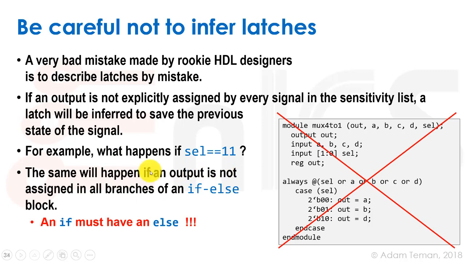The same will happen if an output is not assigned in all branches of an if-else block. For every left-hand side assignment, we must have both an if and an else to make sure that it's assigned in every single state of that if statement. If not, we need a latch to save the previous state, and we probably didn't want that latch there.